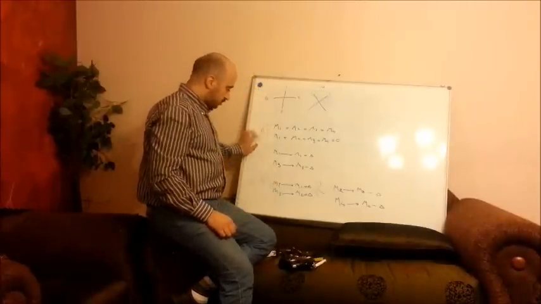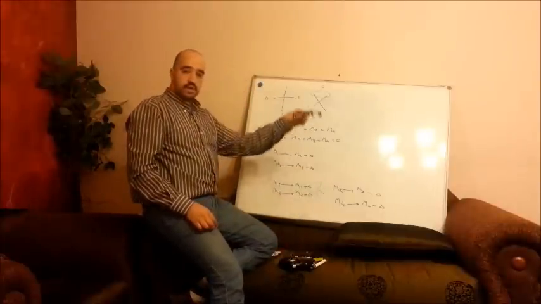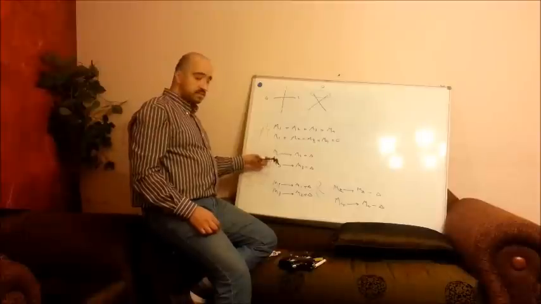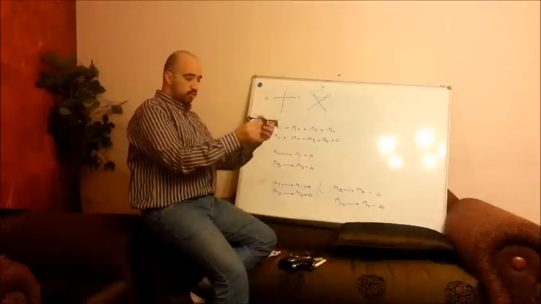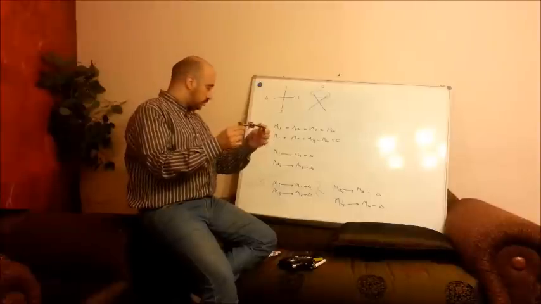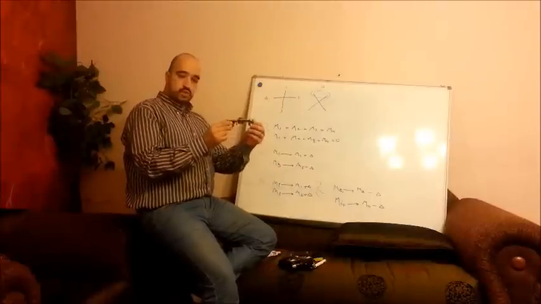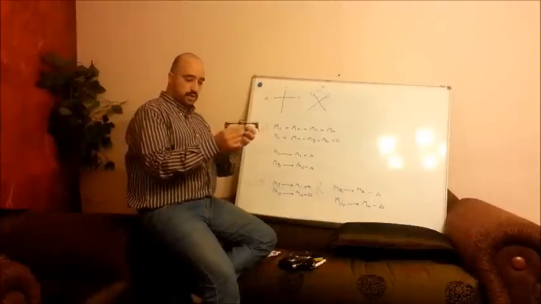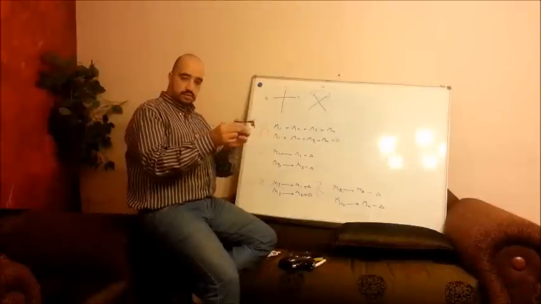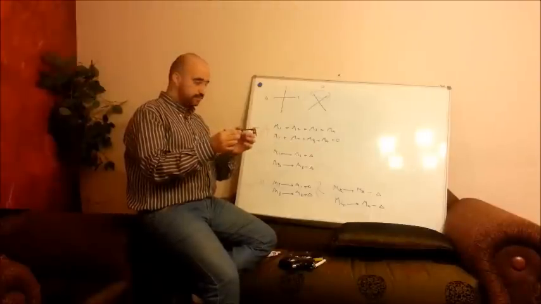The first equation, we use to generate the thrust for the quad. The second equation, we use to balance the quad either in this direction or this direction. The third equation, we use to make the quad rotate in this direction.